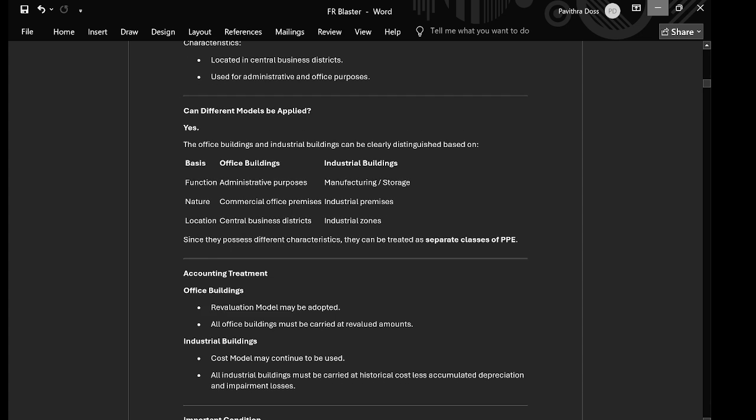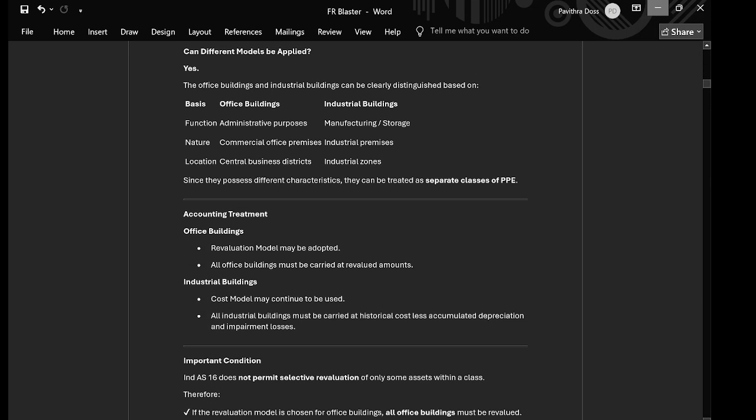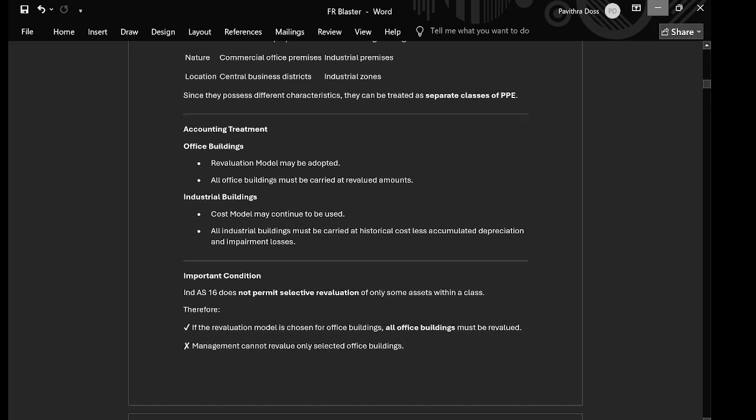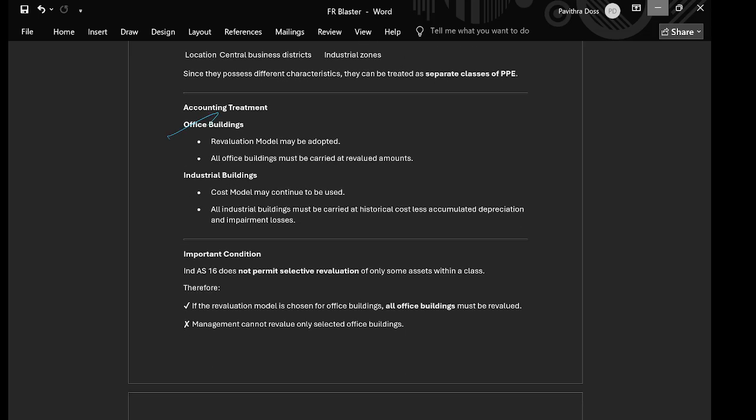So here, can we have two different models applied? Yes, it is very well possible, because they have different nature and different use. For the office building, you can use a revaluation model. Office building one in one location, office building two in another location, another office building: for all these office buildings, we'll have to follow the same revaluation model only.